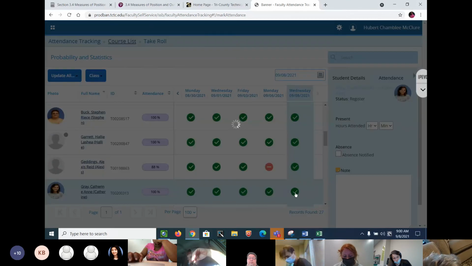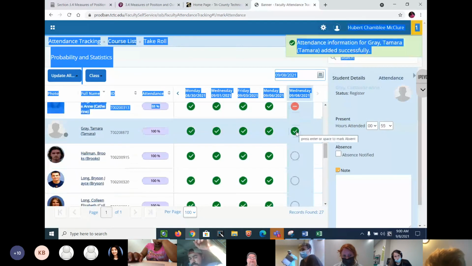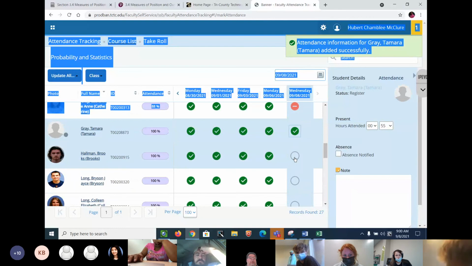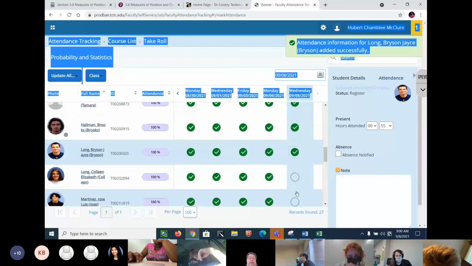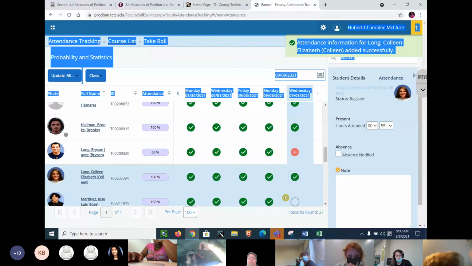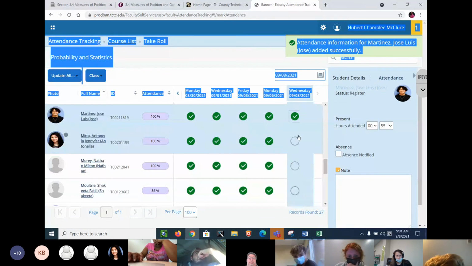Catherine is not here. Hallman, Long, Martinez. Okay, one of the Longs is not here. Colleen is here. Bryson is not. Martinez is here.